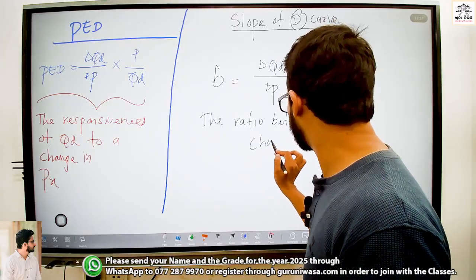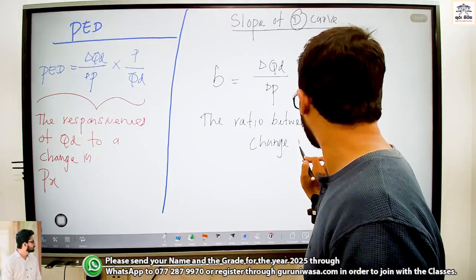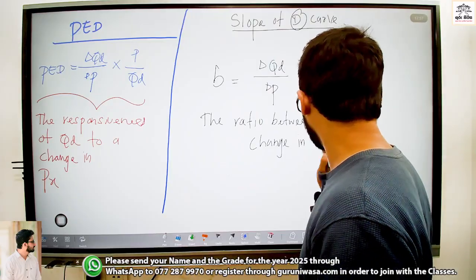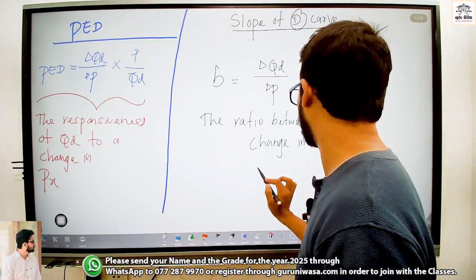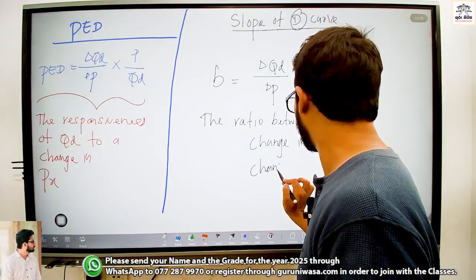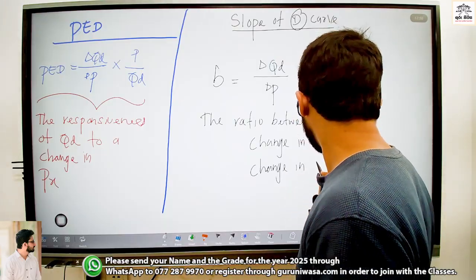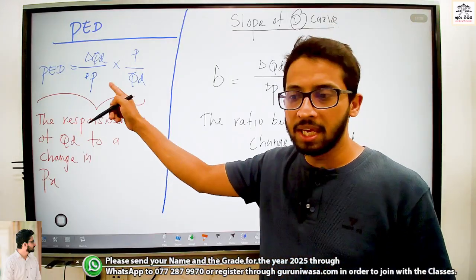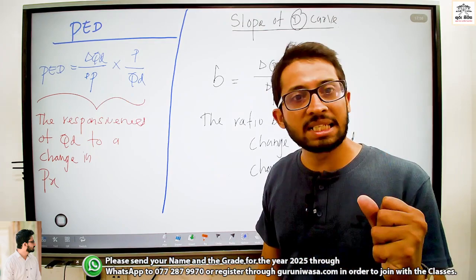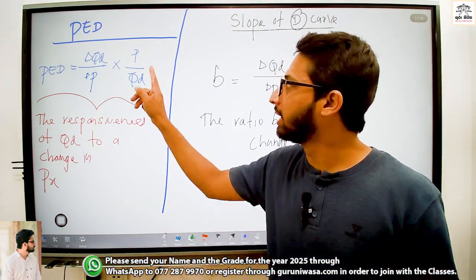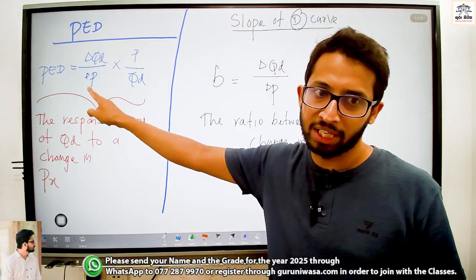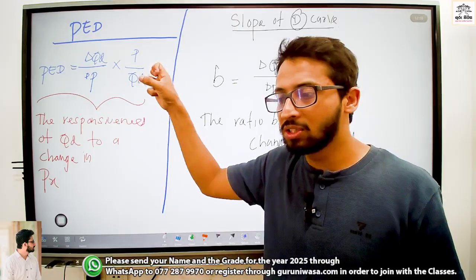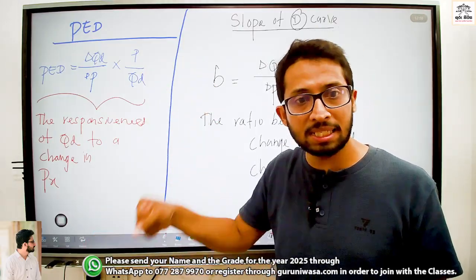In other words, PED measures the percentage change in quantity demanded relative to the percentage change in price. Remember, PED is always talking about percentage change.